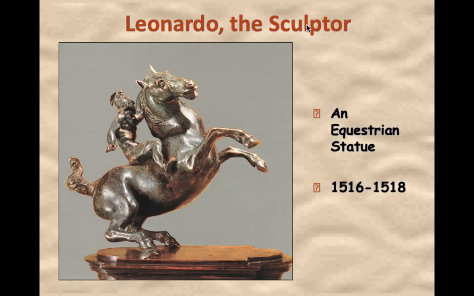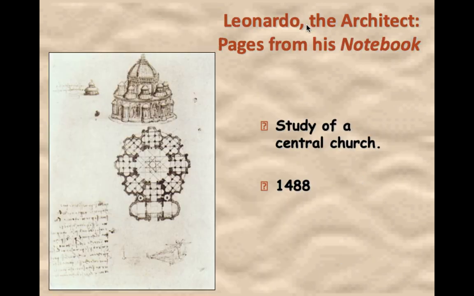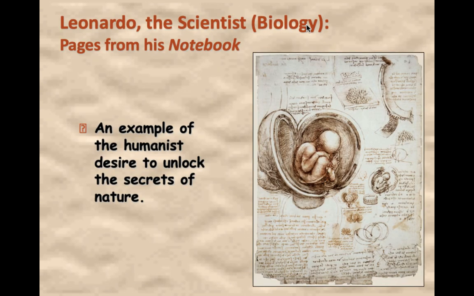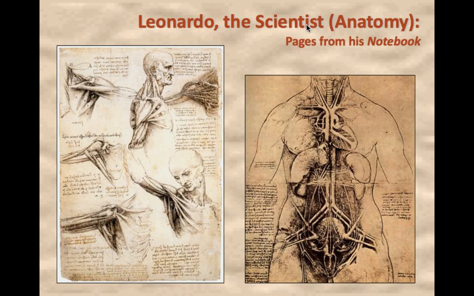This is where he wasn't such a good sculptor, but it's there. Plan of the city. He, again, spent a lot of time looking at the human body and gets a lot of things right, a lot of things not so right. This is one of his anatomy notebooks.